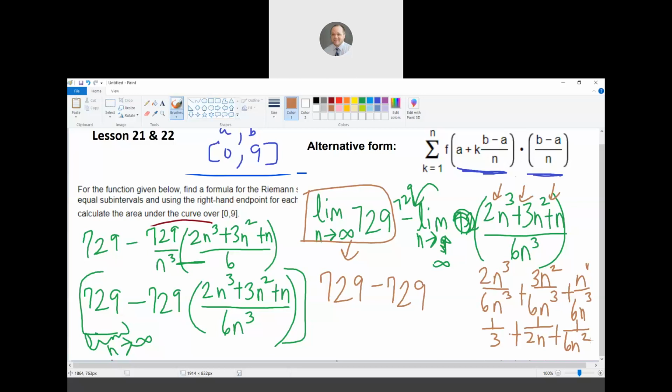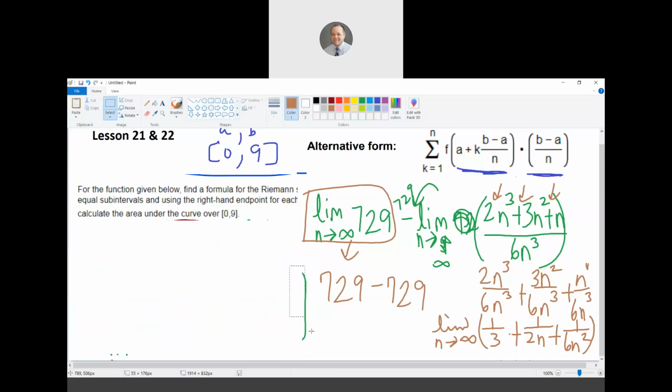Now we can take the limit as n approaches infinity of each part. The limit of a constant is still that constant as you saw earlier. So the limit as n approaches infinity of 1/3 is still 1/3.